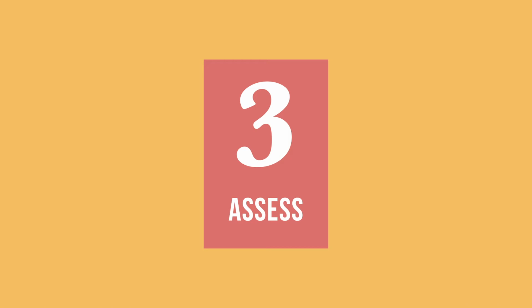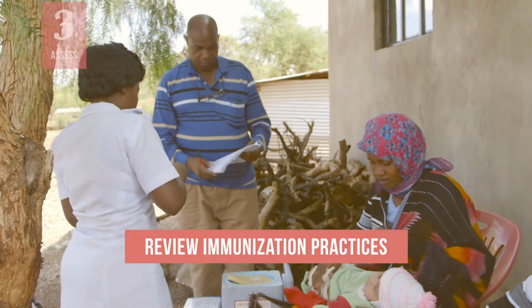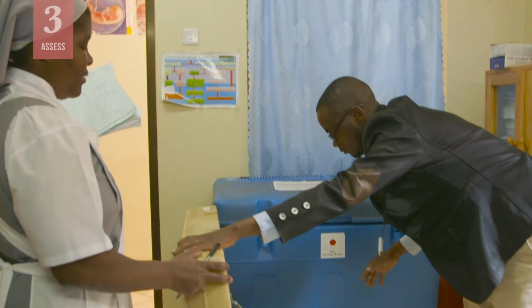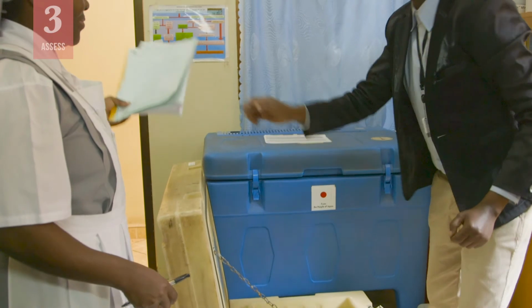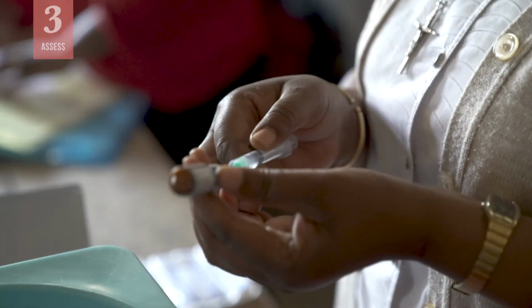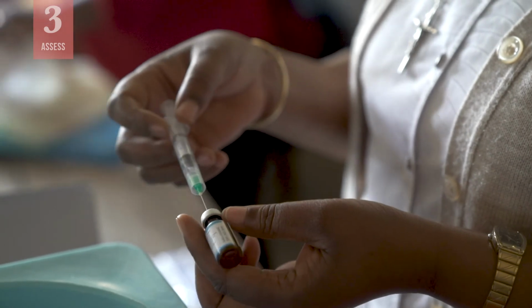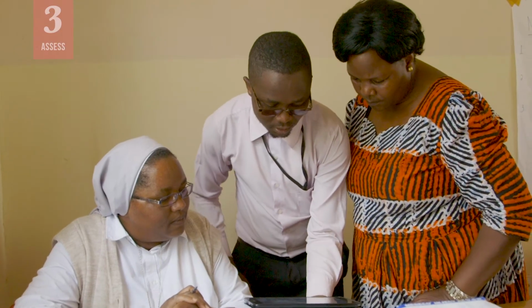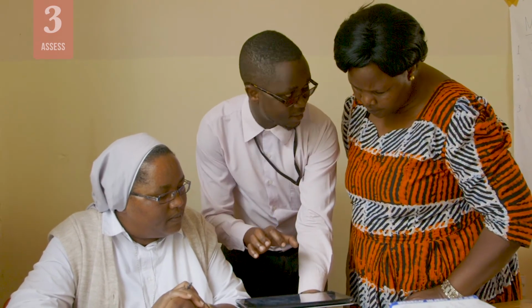Next, assess immunization practices of healthcare workers. Review immunization practices at the site. Is the cold chain adequately maintained when vaccines and diluents are distributed and stored? Are vaccines reconstituted with the right diluent? Are sterilized syringes and needles used? How are health workers trained and supervised?